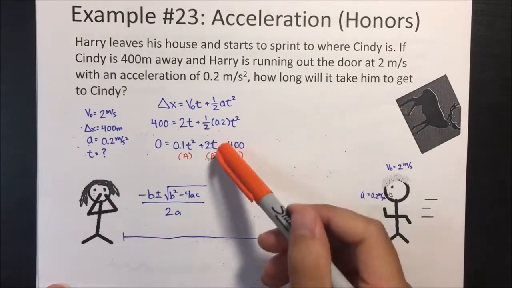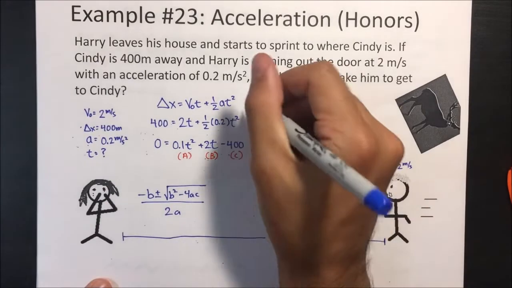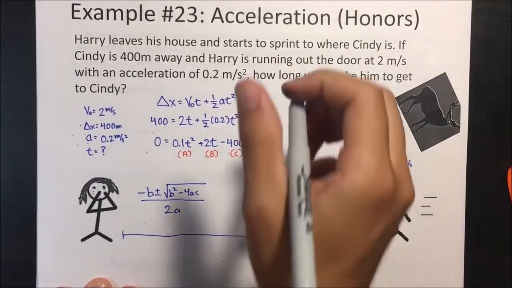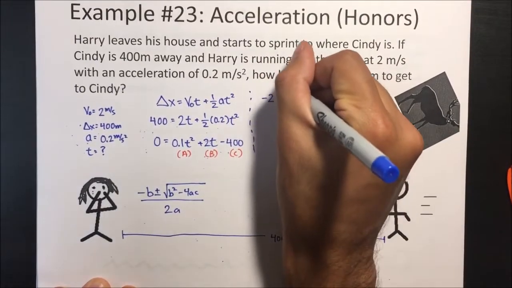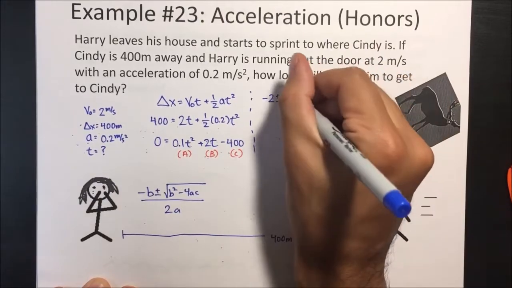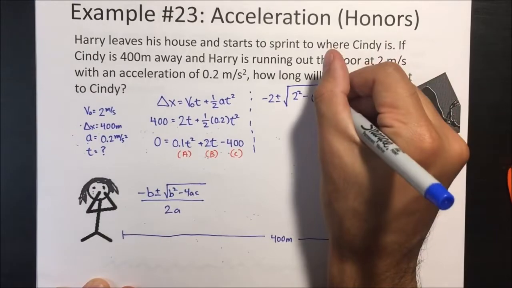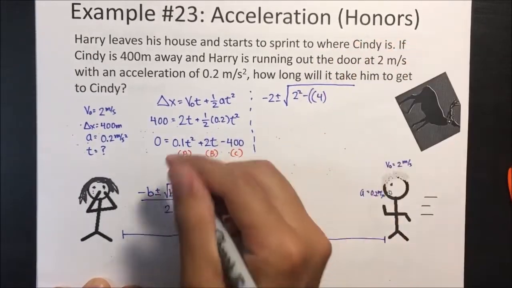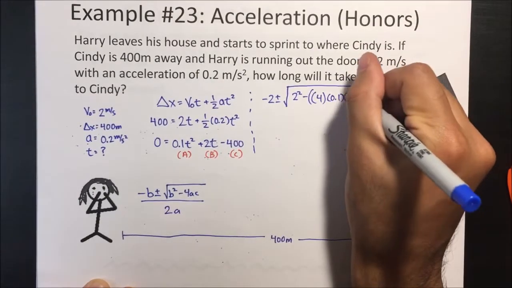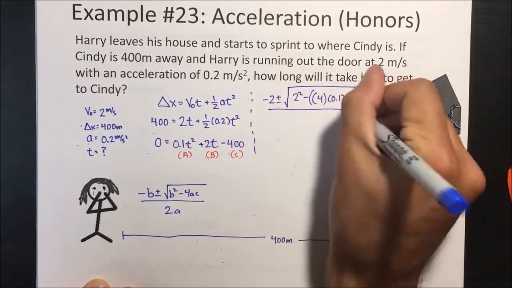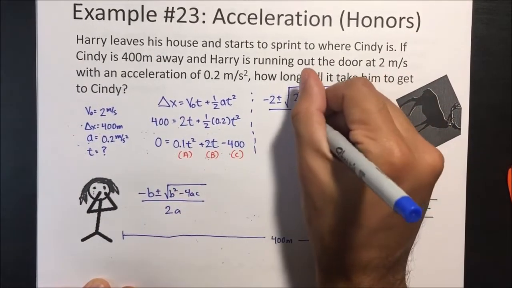So we're going to plug these numbers in. Negative b is negative 2, plus or minus the square root of 2 squared minus 4 times a, which is 0.1, times c, which is negative 400, all over 2a, which is 0.1.